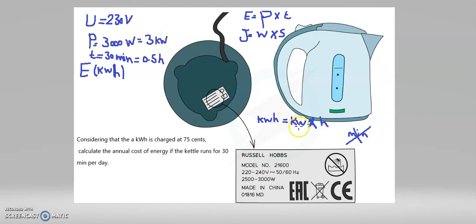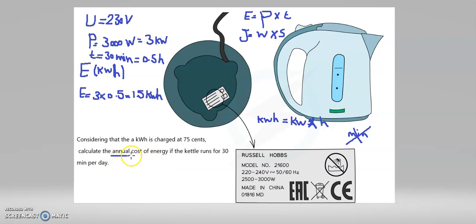So we have the power in kilowatt, we have the time in hour, so we can calculate energy in kilowatt hour, which is 3 times 0.5, and that gives us 1.5 kilowatt hour. So this is per day, but here it says calculate the annual cost of energy.